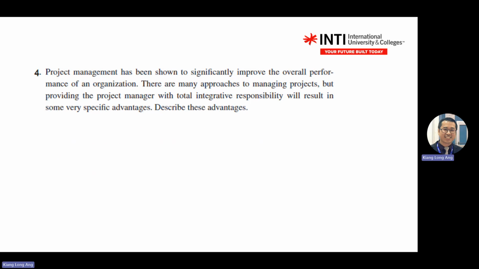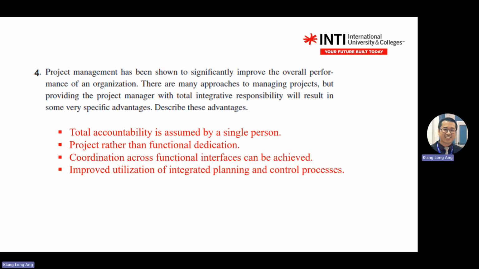Okay, give your answer. So if you have total integrative responsibility, so total accountability is assumed by a single person. So your project will become a project rather than functional dedication, like what you said just now.